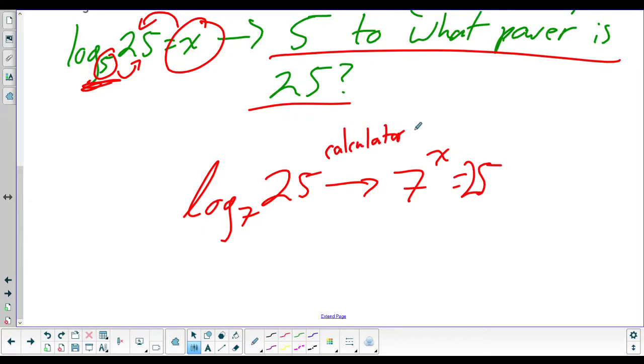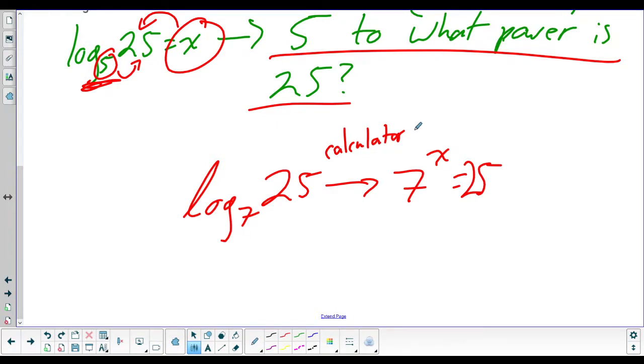And you may be curious, how does the calculator get it? That question is very hard to explain to you. The short answer is the calculator does calculus. It does a process like 10,000 times to get really close to the answer.